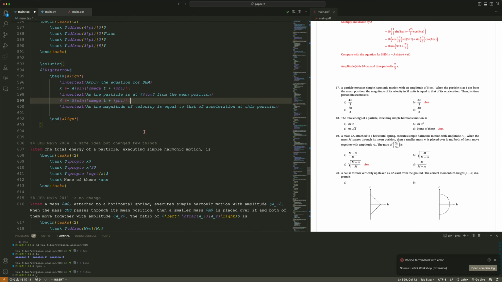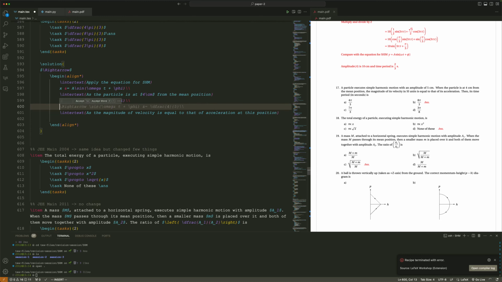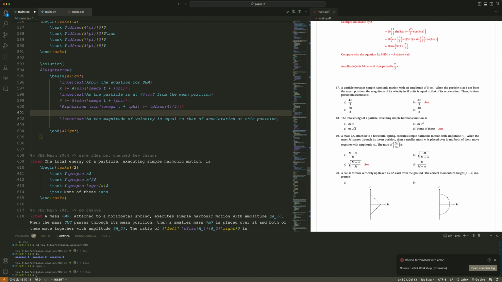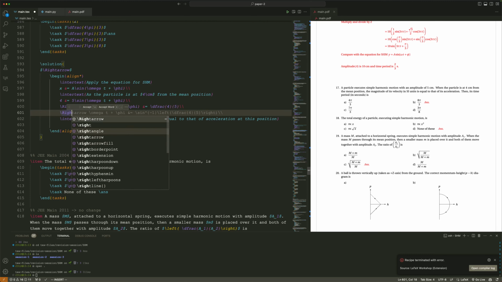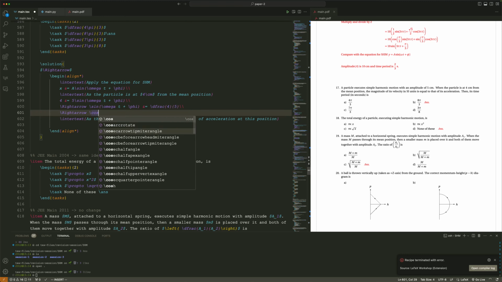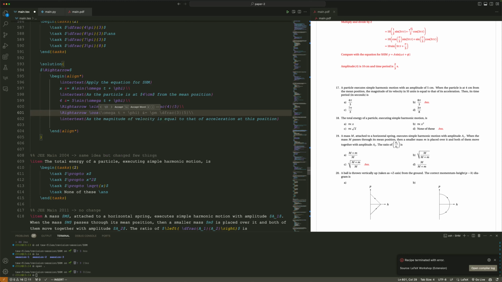I think cos theta. Yes, 4 5, that means we need cos of something. So right arrow, cos of, yes, just 3 5.